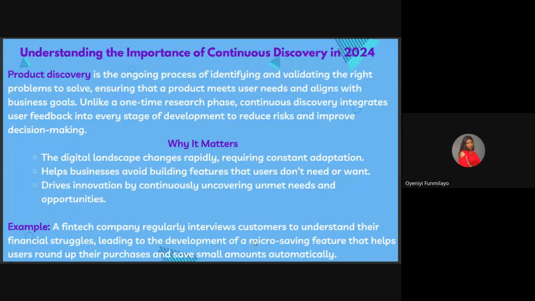We all know that expenses never finish. So this organization now, this fintech company, they've literally helped their customers to do what? To save, which is something they'll be very, very happy about.